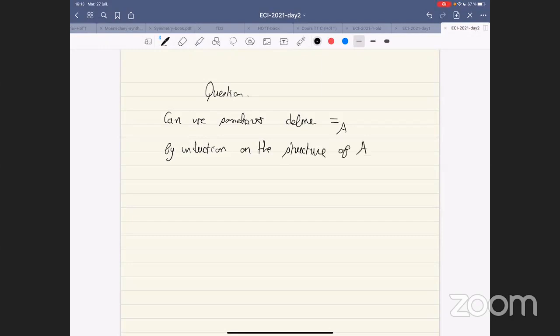For example, suppose that A is a sigma type. Is it possible to express equality on A times B in terms of something simpler, which is equality on A and equality on B? And we can ask similar questions for other type constructors. So that's the general plan.